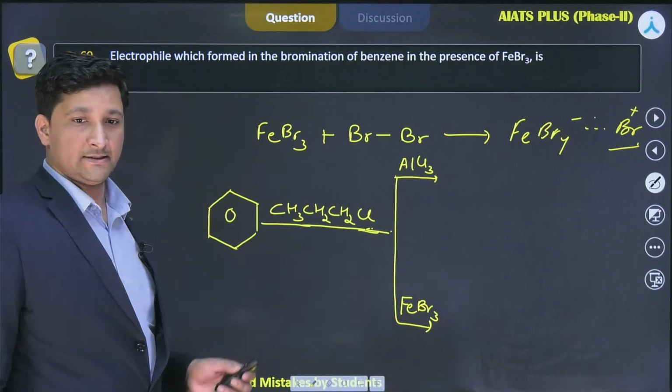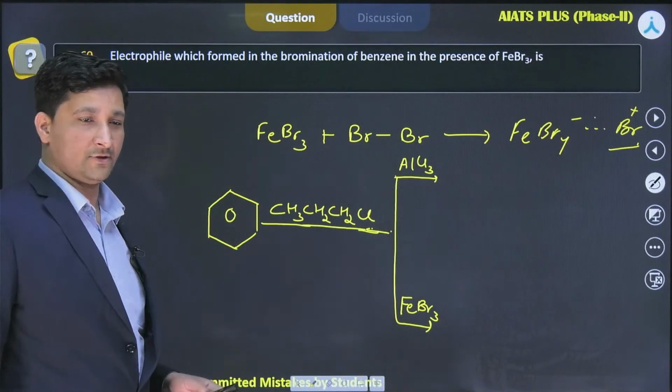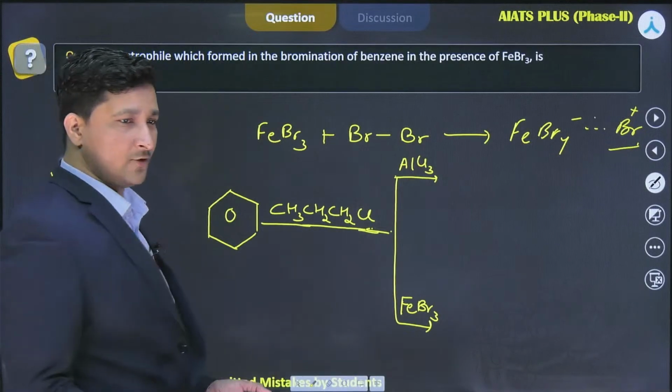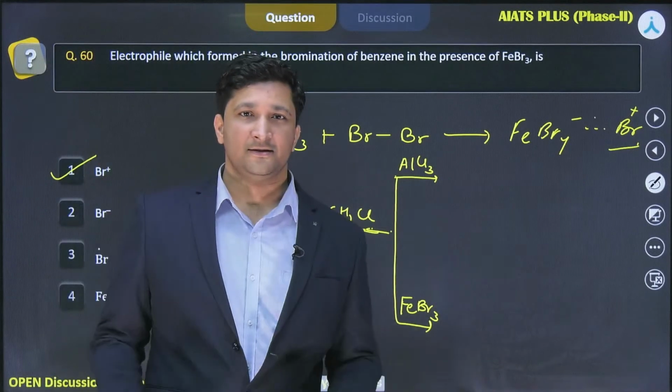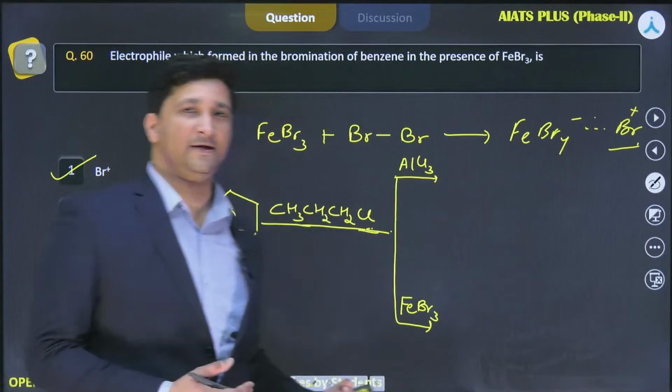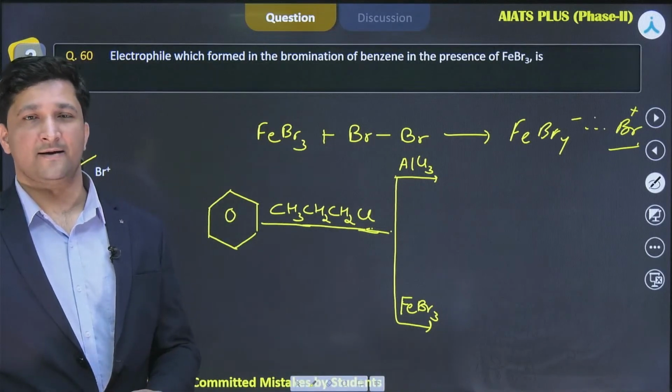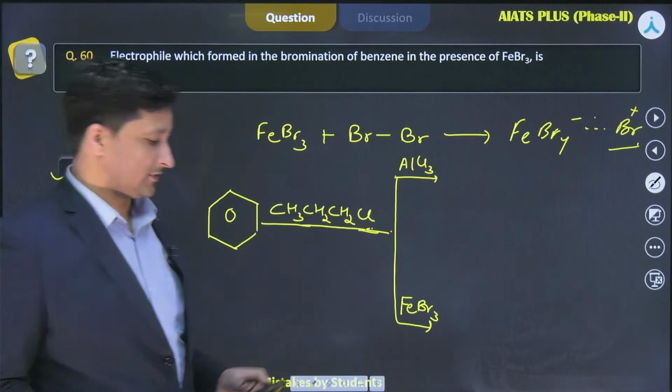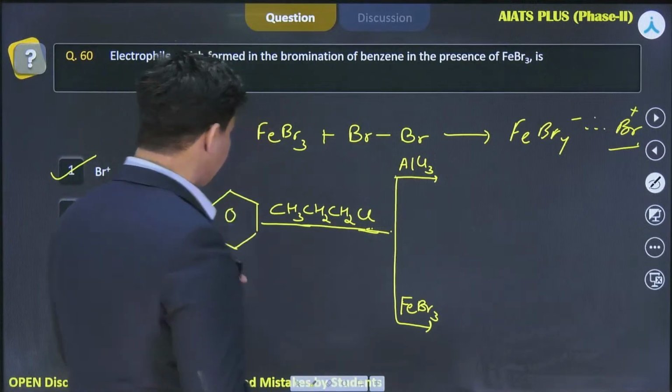Some of you are saying different. Then write the name of the compound that with AlCl3, this compound will be formed, with FeBr3, that compound will be formed. You can write it very easily in the comment section.